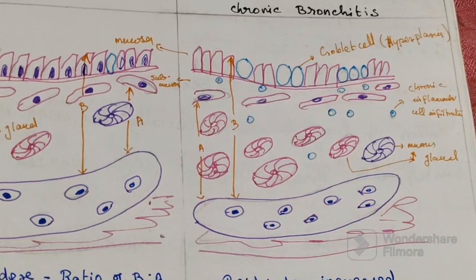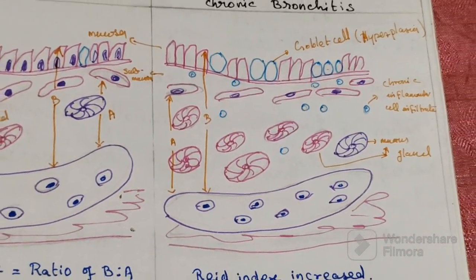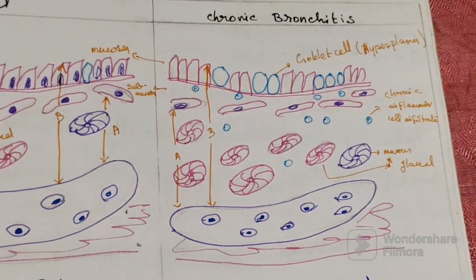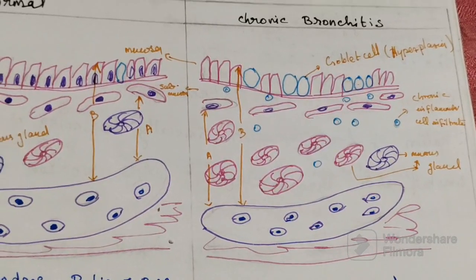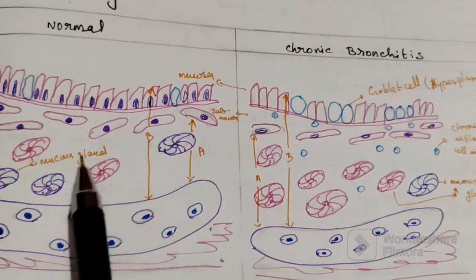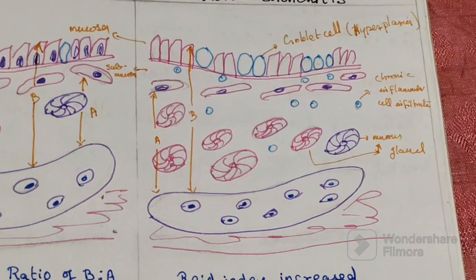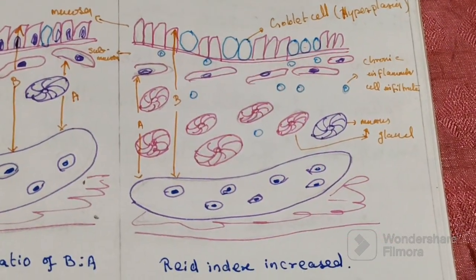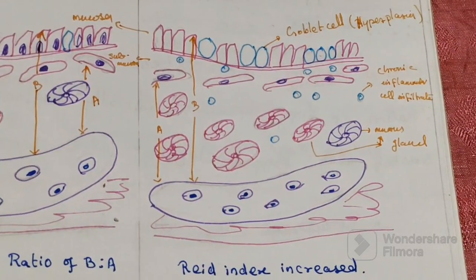The main difference is seen in the submucosa. See this submucosa in chronic bronchitis: if you compare, the glands are increased. The glands increase in size and number. Count the number, there are more.